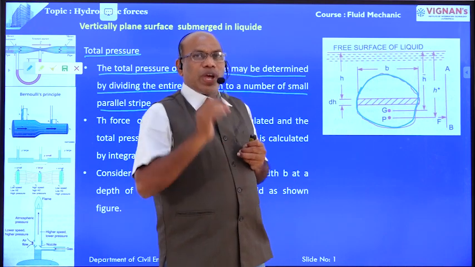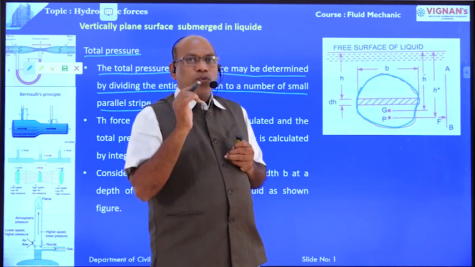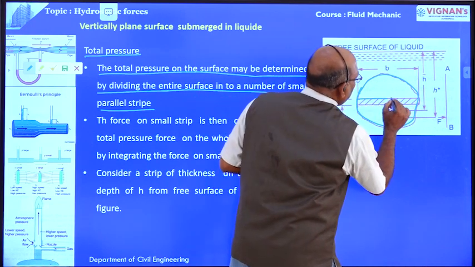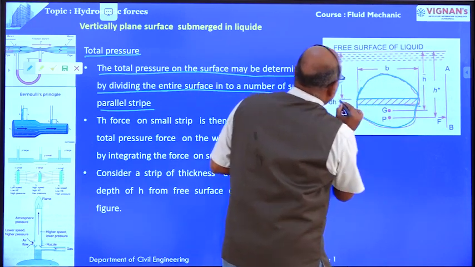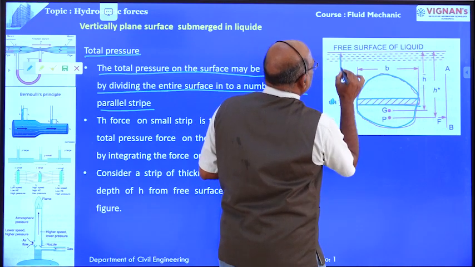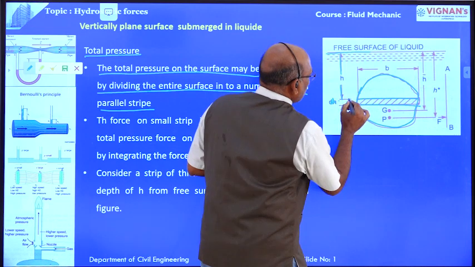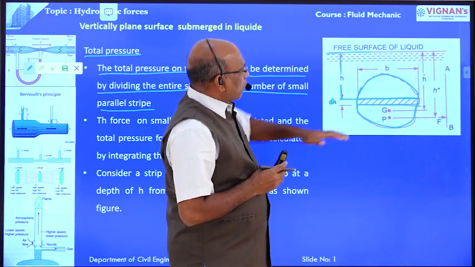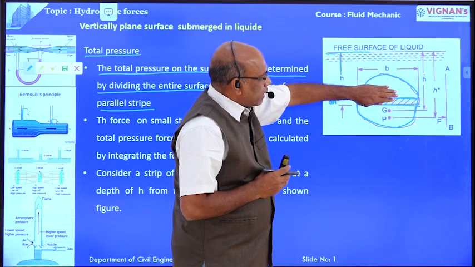Then we determine the force on one strip, where the strip depth is dh, and h is the distance from the free surface of the liquid to the top of the strip. First we determine the pressure on the strip.